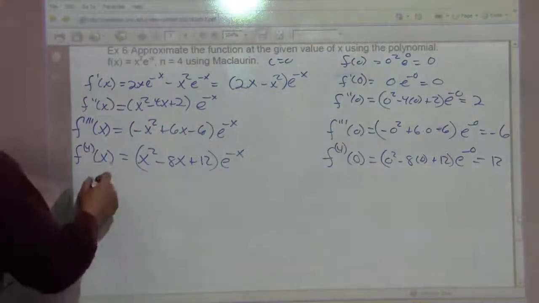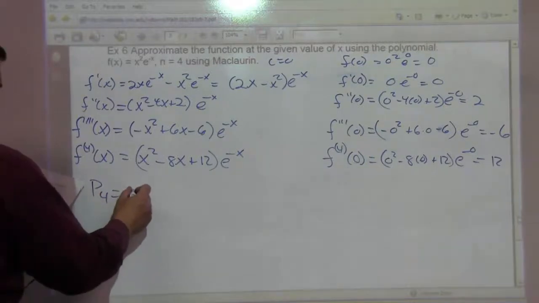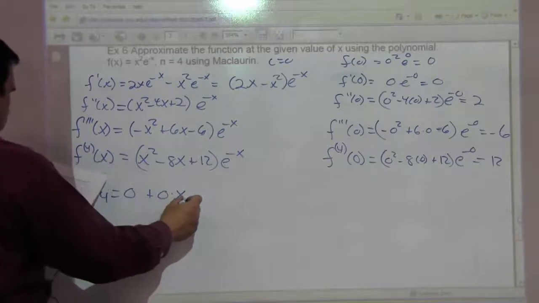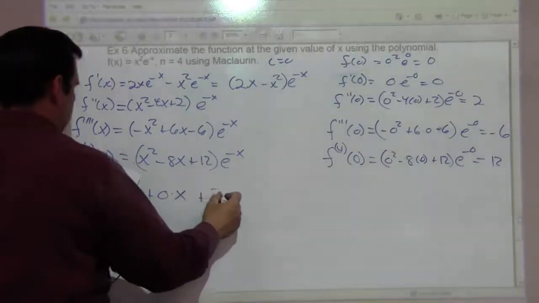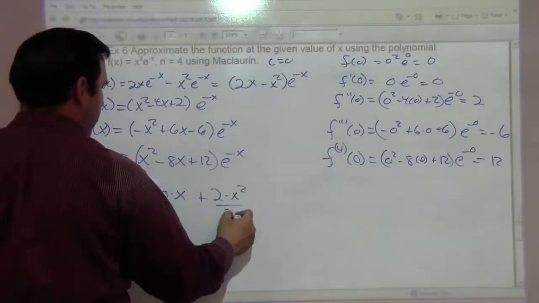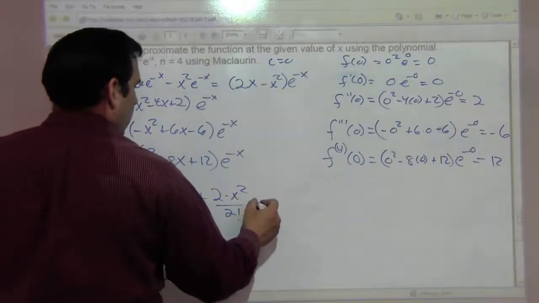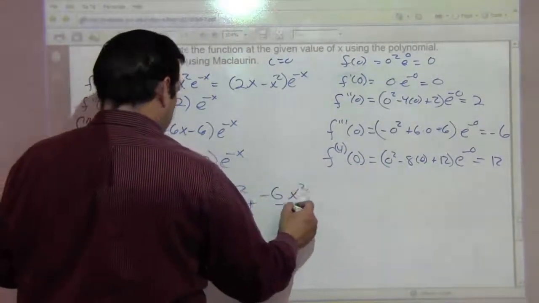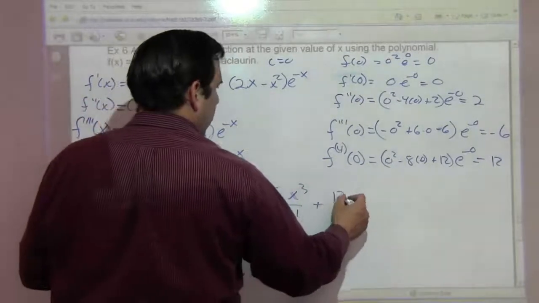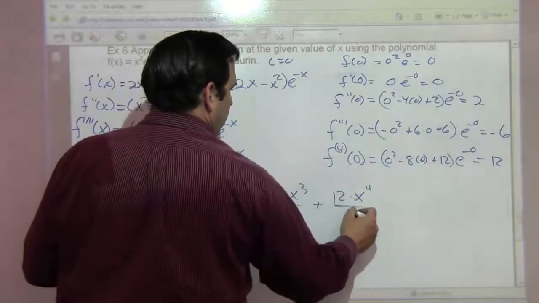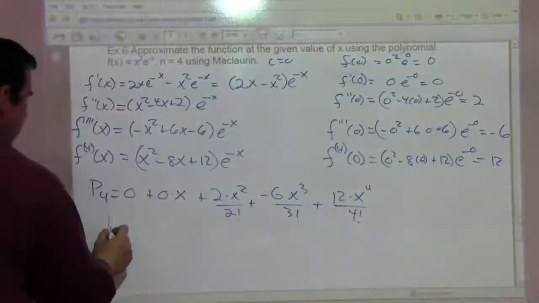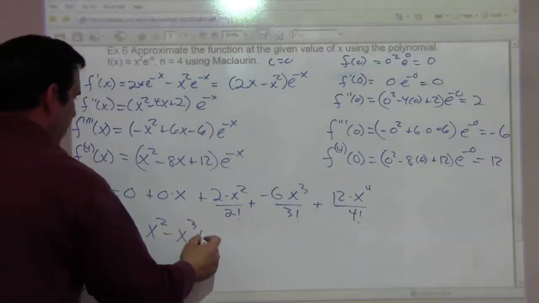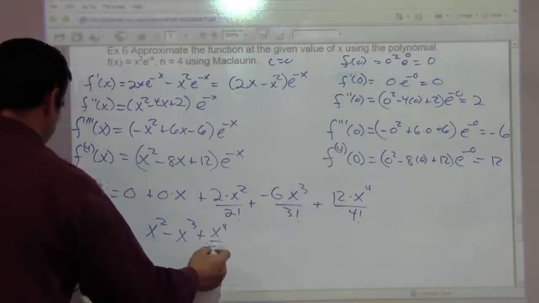So our P4 is going to be 0 plus 0 times x plus 2 times x squared over 2 factorial plus negative 6 times x cubed over 3 factorial plus 12 times x to the 4th over 4 factorial. So our P4 is going to be x squared minus x cubed plus x to the 4th over 2.